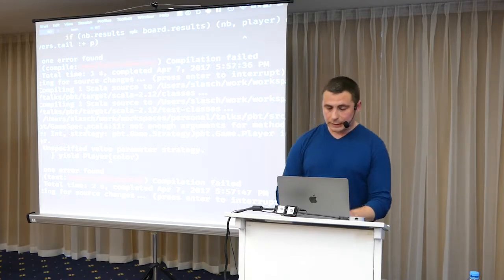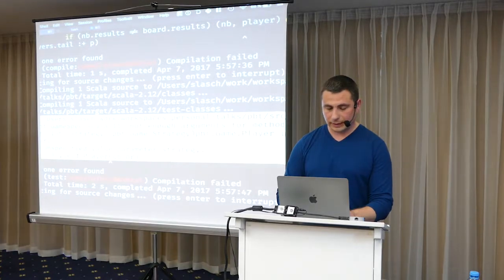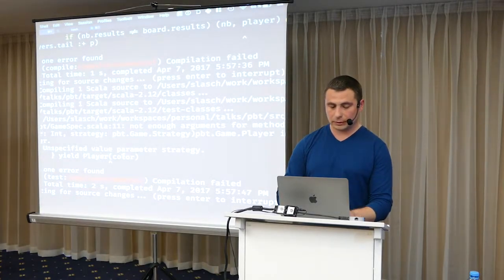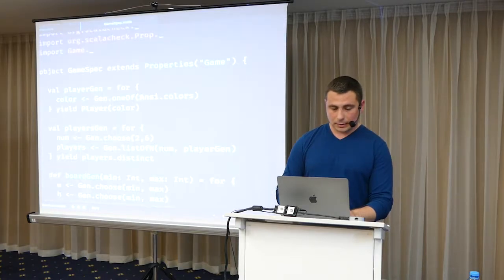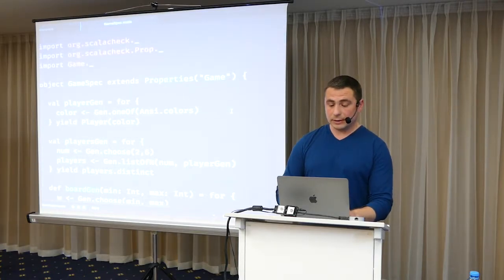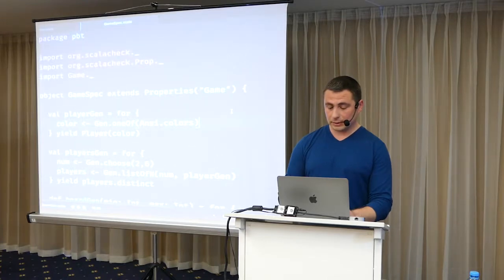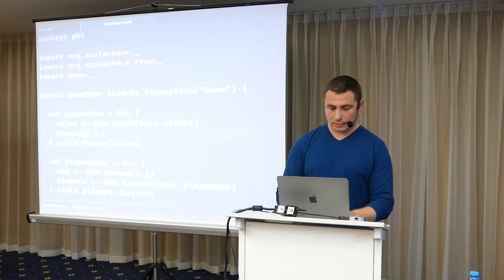Yeah, so now we find with our implementation, now our tests are just failing because we have the color defined in our generator but no strategy. And now just see how easy it is to extend something with property-based testing. We say just strategy, one of strategies, strategy all.